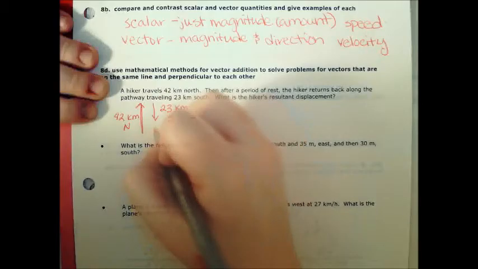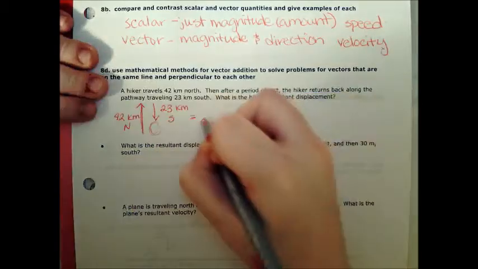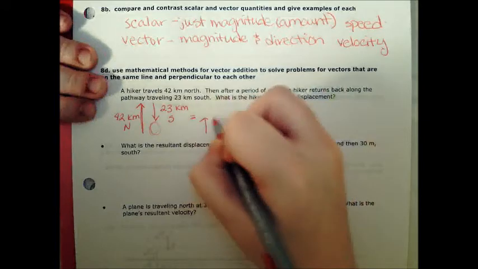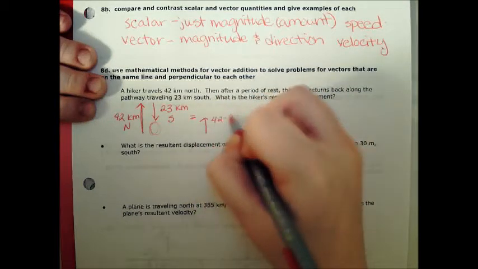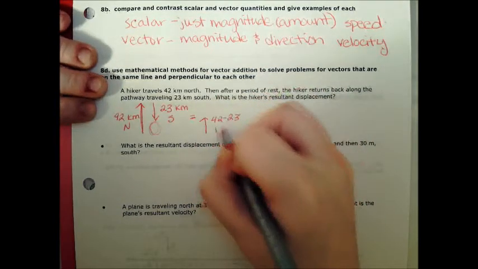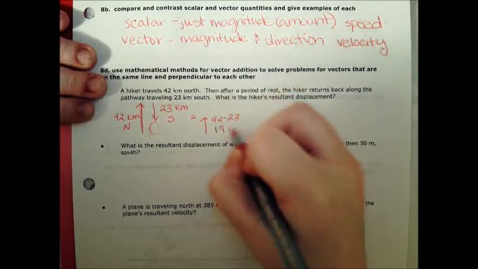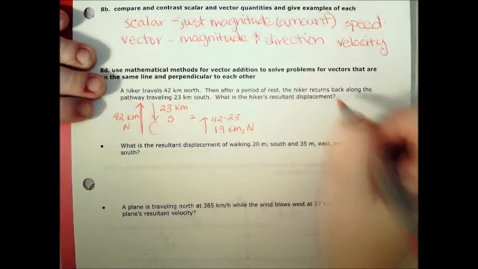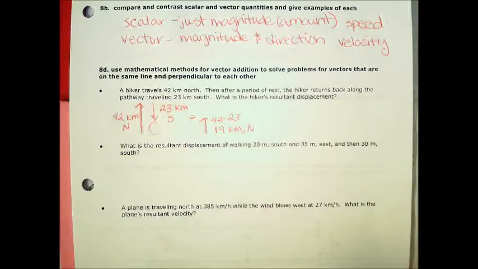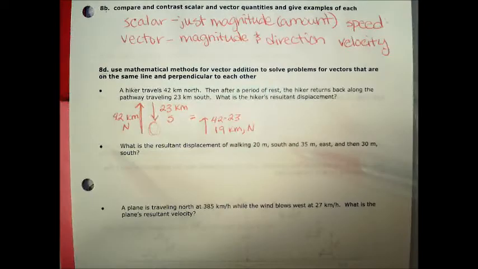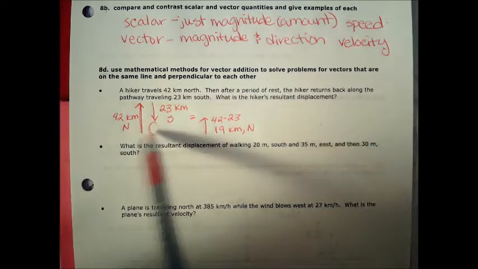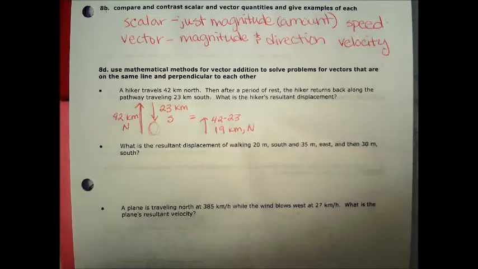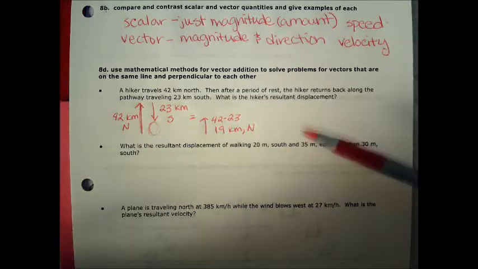The resultant is going to be basically the piece that's left over right there. It's going to be 42 minus 23, which gives us 19 kilometers north. If they had both been north, then we would have added the two numbers, but because they're going in opposite directions, we subtract. Those should be easy peasy.